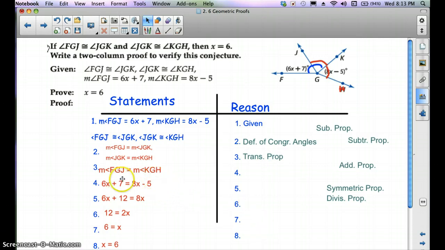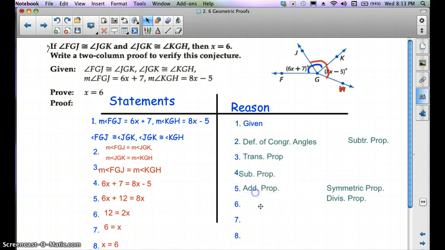So now what I did is I took these values, 6x plus 7 and 8x minus 5. How did I get from measure of angle FGJ to 6x plus 7? How did I go ahead and do that? Right, I substituted those values in. Then it looks like I got a 12 here. How did I get that 12?